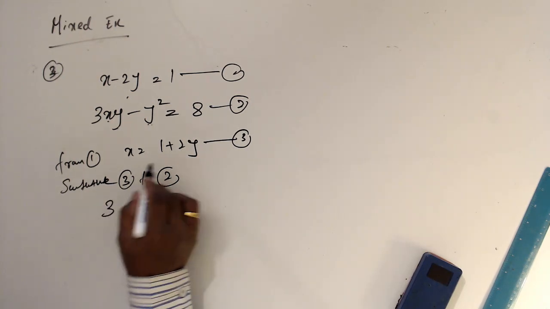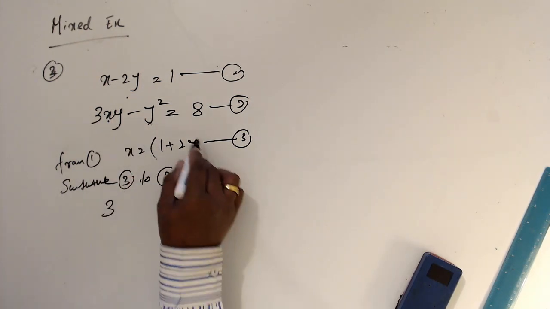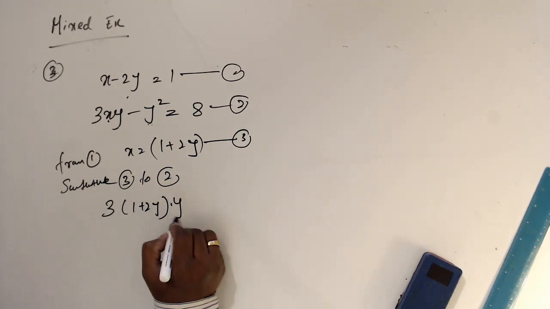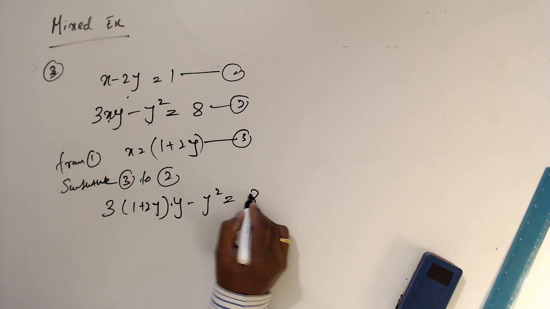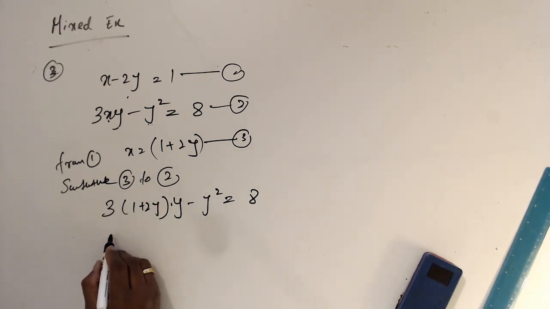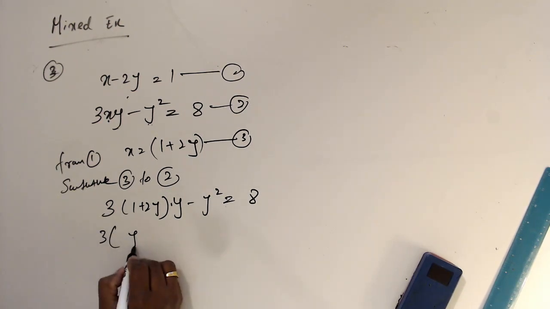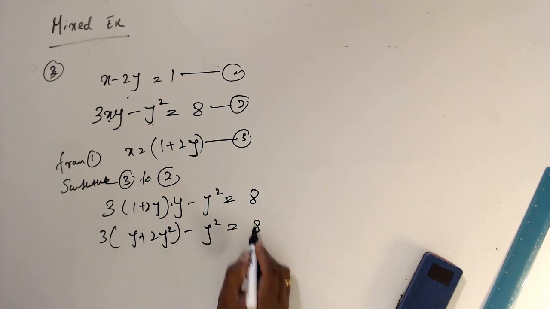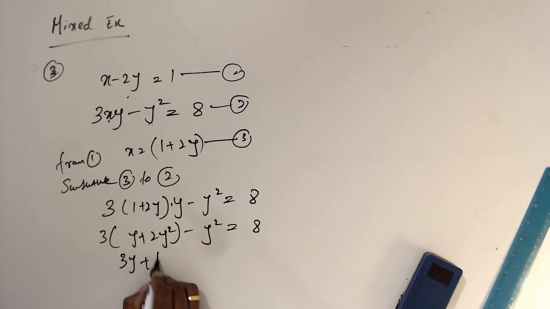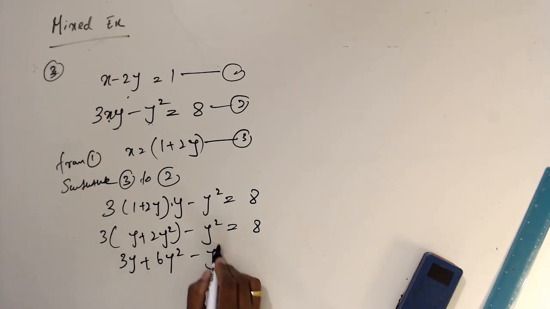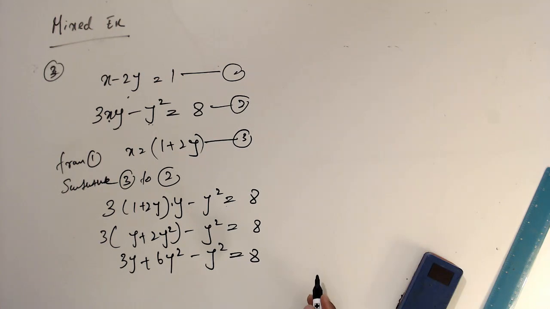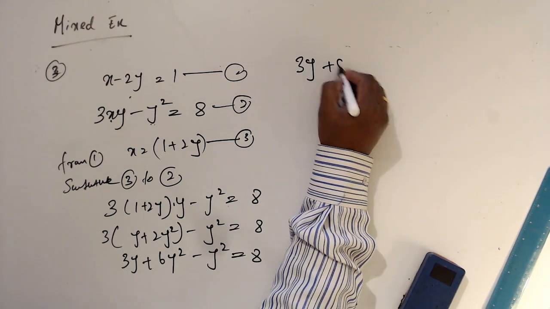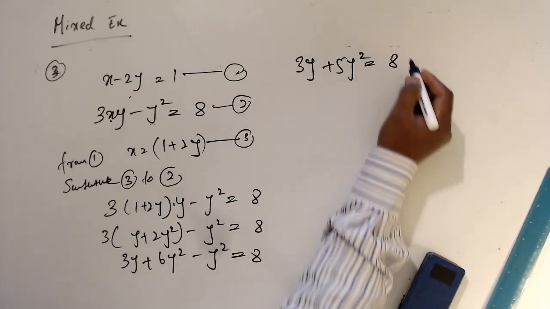So x, what is x? 1 plus 2y, always in brackets, times y minus y squared equals 8. Now this becomes 3 times y plus 2y squared minus y squared equals 8. 3y plus 6y squared minus y squared equals 8. So 3y plus 5y squared equals 8.